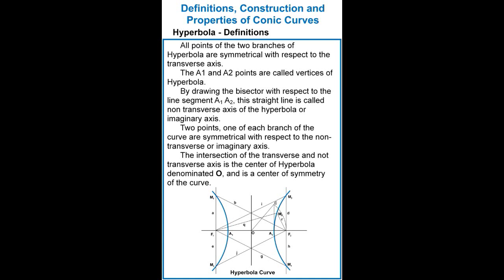Two points, one on each branch of the curve, are symmetric with respect to the non-transverse or imaginary axis if they are on a straight line parallel to the transverse axis. The intersection of the transverse and non-transverse axes is called the center O of the hyperbola, and it is the center of symmetry of the curve.